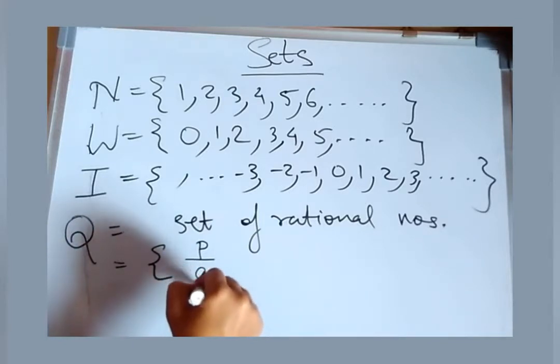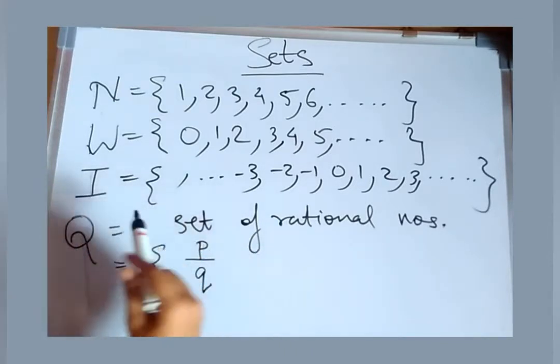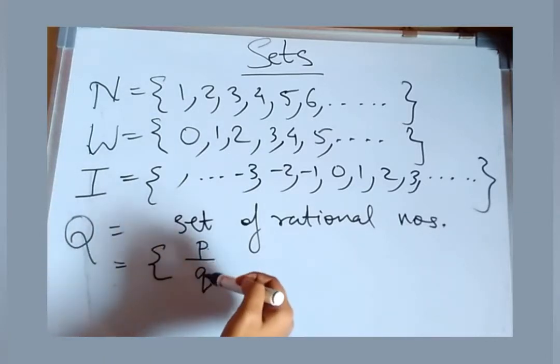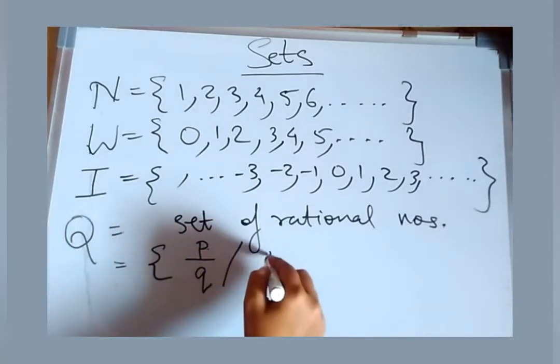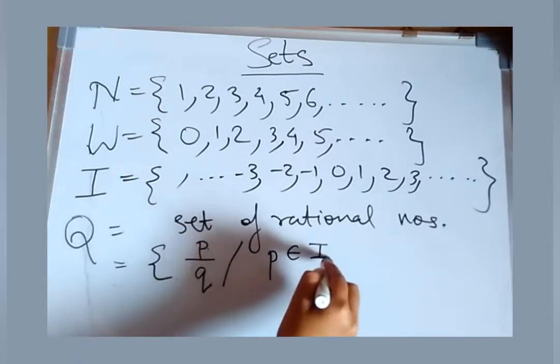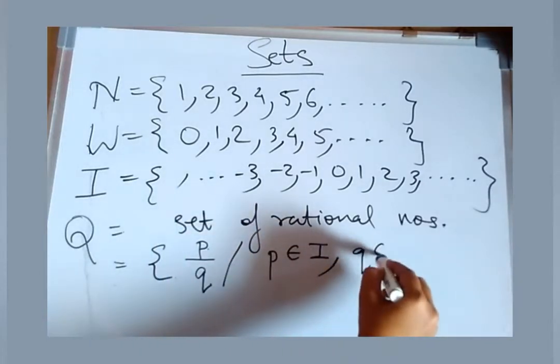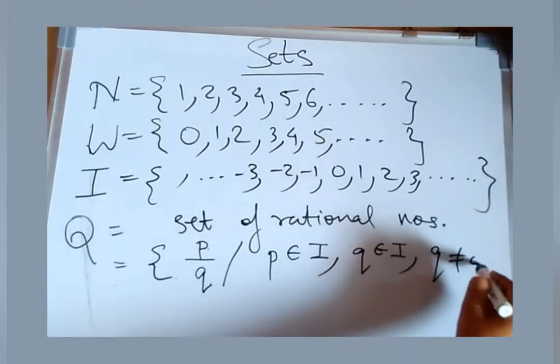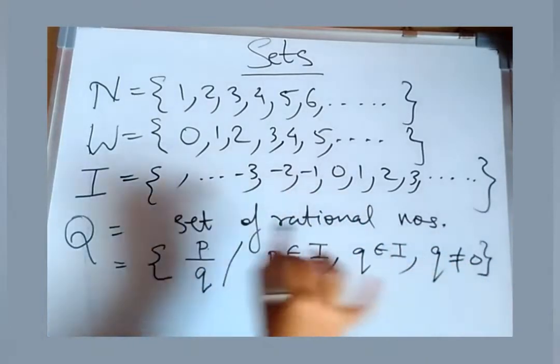P by Q form. So Q contains all elements of the form P by Q such that P belongs to I, Q also belongs to I, and this Q is non-zero. This is just the definition of rationals.